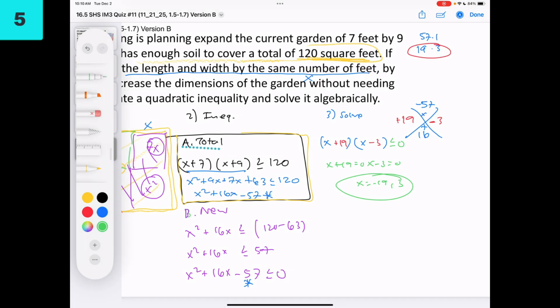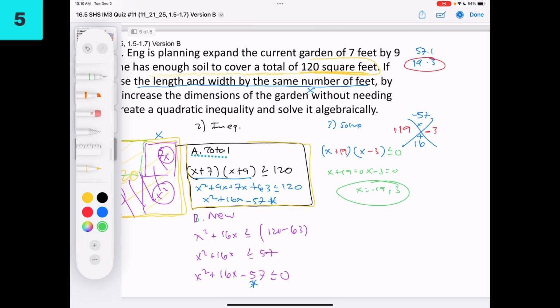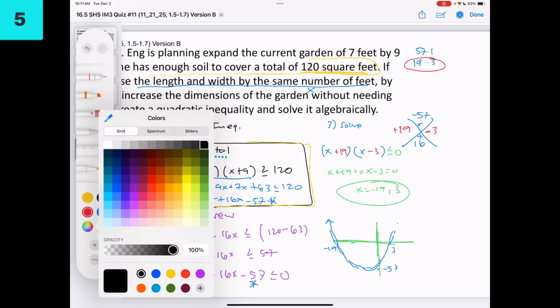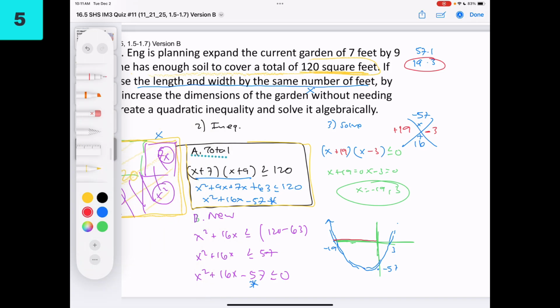Okay, so basically, if you did the quadratic, just do a quick sketch. Minus 57, something like that. Negative 19, 3. My graph's doing something like this. So from the interval of negative 19 to 0 does not make sense.